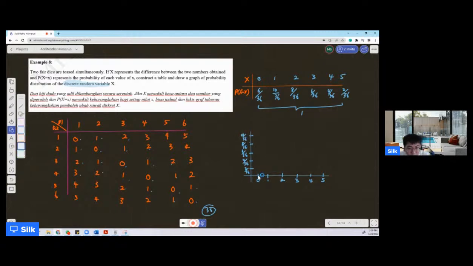So the first one is 6 over 36, and then 10, and then go to 8, then go to 6, then 4, and then 2. So that's everything. All right, so that's the P(X) equal to x, and this is the x.